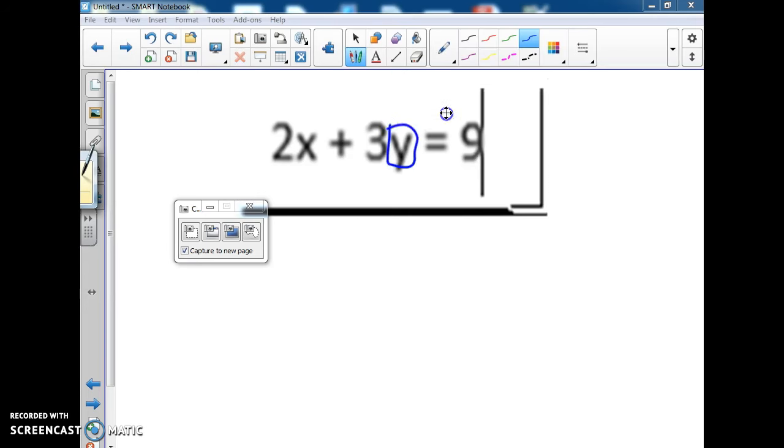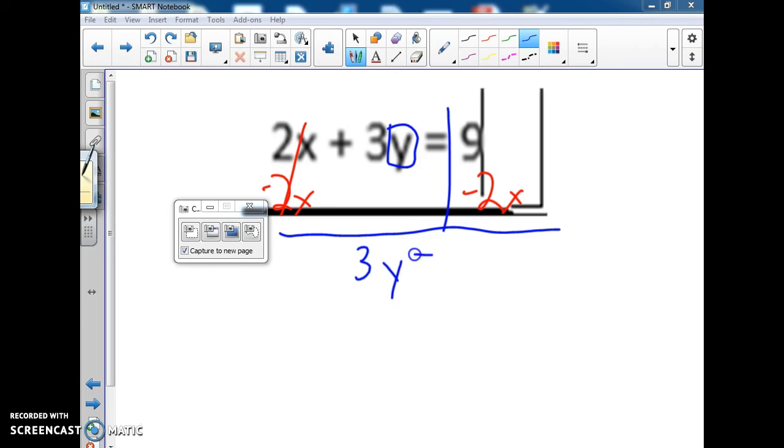Square your y, make your tree, get rid of the 2x by making a negative 2x, negative 2x. It's going to be 3y equal to negative 2x plus 9. The opposite of multiply is divide. Divide over something on one side, you got to divide it on the other.